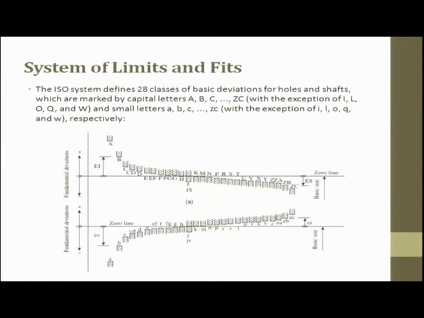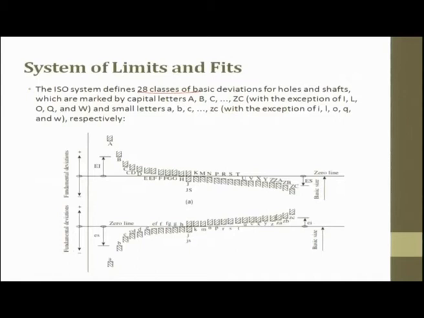If you look at the ISO system, it defines 28 classes of basic deviation for the hole-based system and for the shaft-based system. This is for a hole and this is for a shaft. The bottom, whatever is there, is for a shaft and this is for a hole. Here is the zero line, the basic line, and here you can see the fundamental deviations.